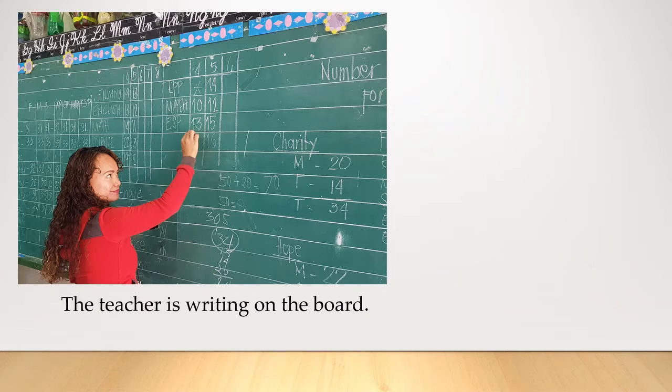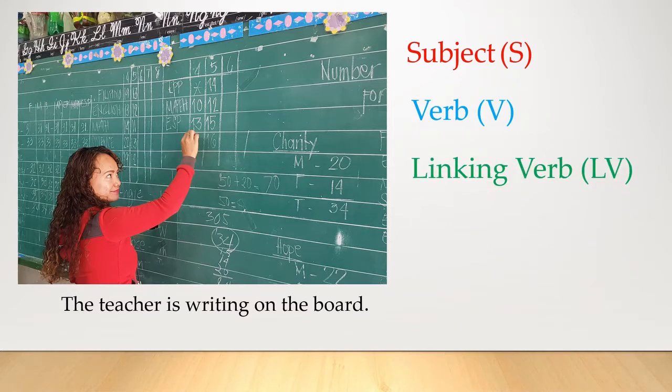Now, with this sentence, let us try to identify the subject, the verb, and the linking verb. What do you think is the subject? If you answered teacher, then you are correct.